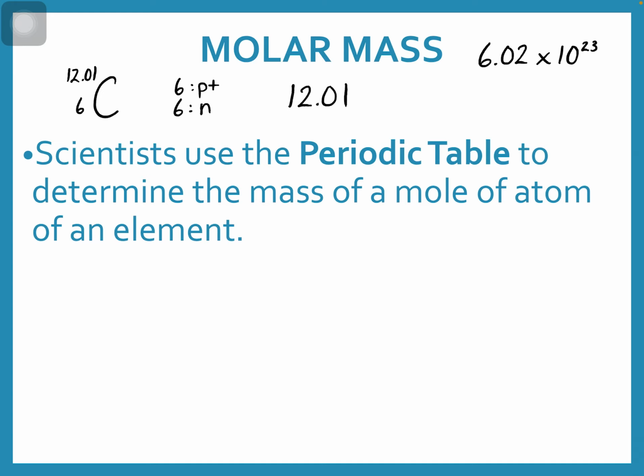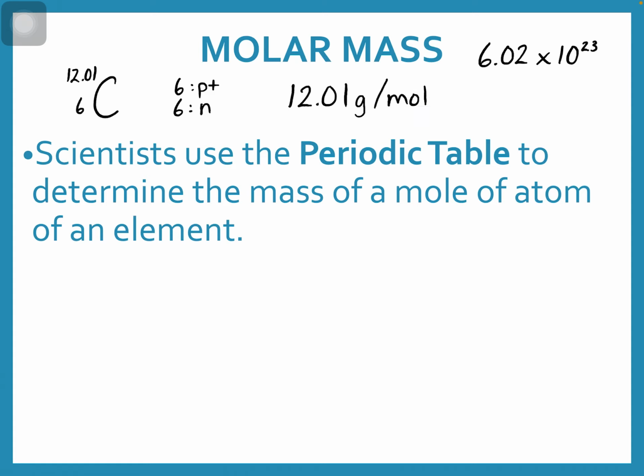So the addition of the protons and neutrons. So 12.01 grams, it would take 6.02 times 10 to the 23 atoms of carbon to give us 12.01 grams.